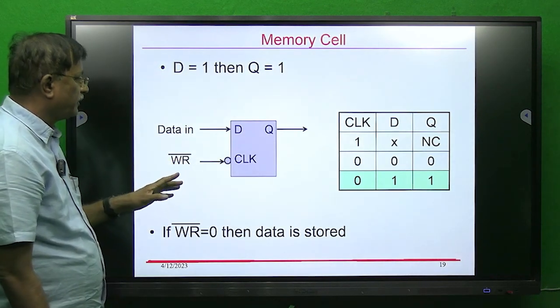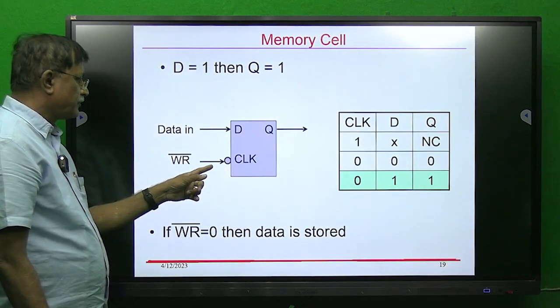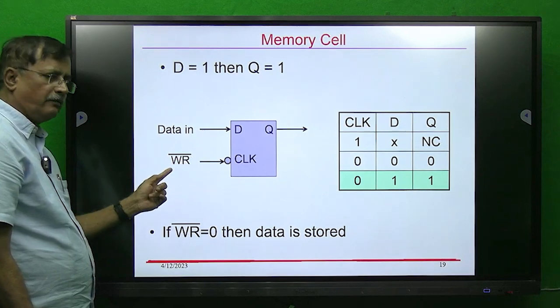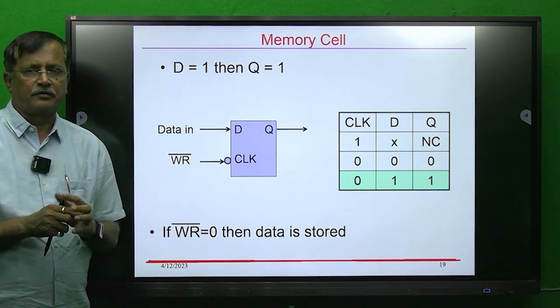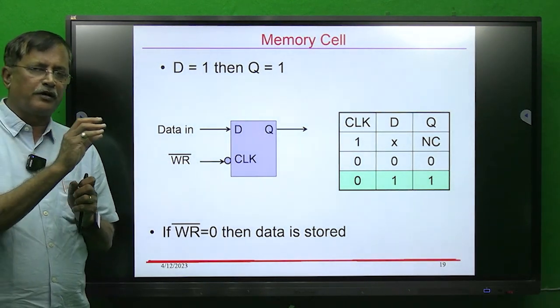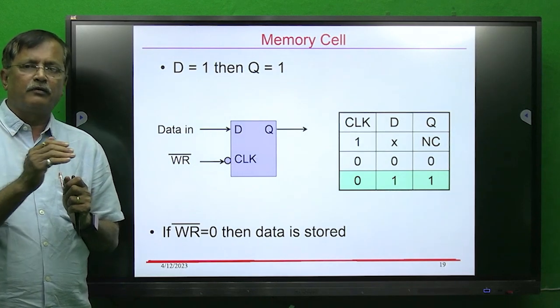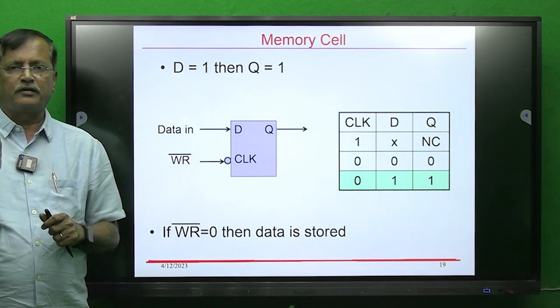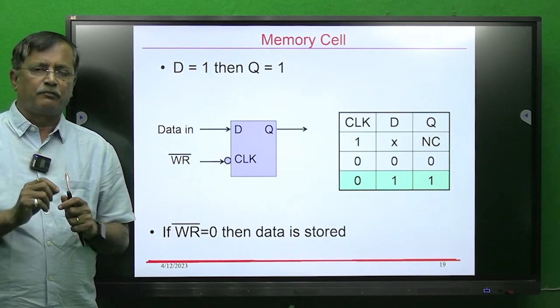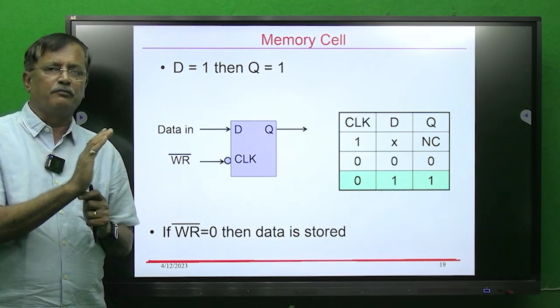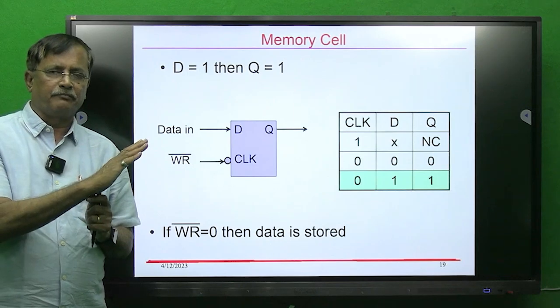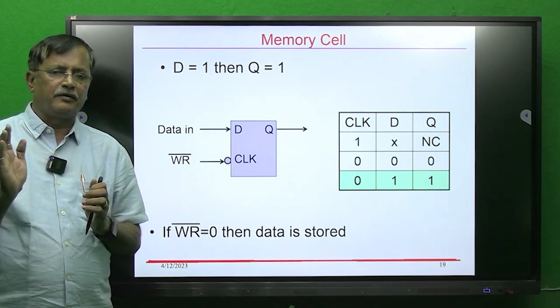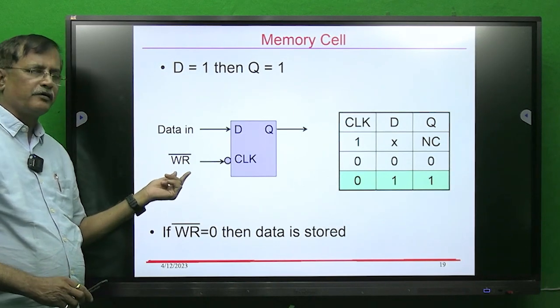So here basically the clock is controlled by a write signal which is given by the processor. Whenever the processor wants to store data into memory, it will give a low pulse on this particular pin which is called the write control signal. From the processor, data will be given to memory for writing, but data along with a write control signal is given.